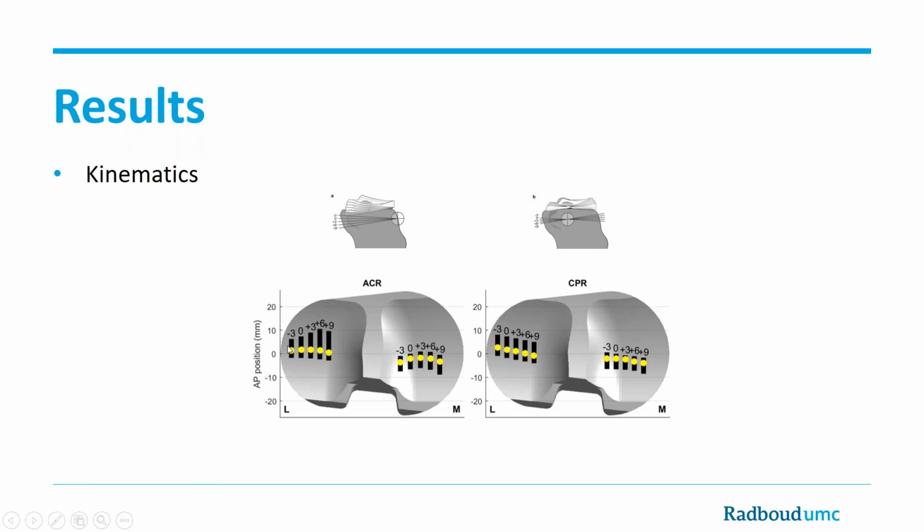And the general trend is that with ACR, the total travel of the contact point on the lateral side increases, whereas CPR essentially preserves the total travel of the contact point, and it also produces a posterior shift of the contact point, which could be beneficial for the knee extensor mechanism.